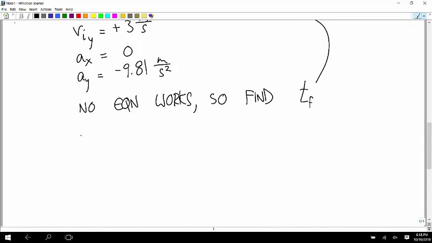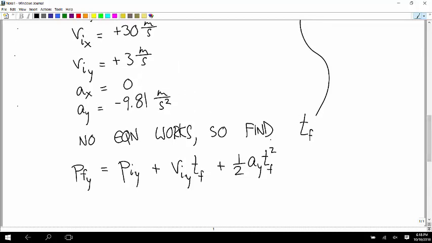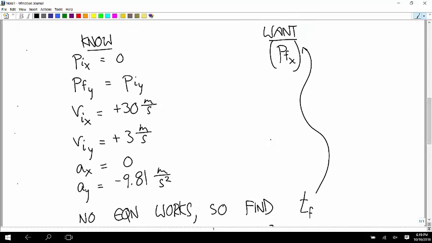The one that should work is p_f_y is equal to p_i_y plus v_i_y t_f plus 1/2 a_y t_f squared. And so to fill this in, I'm going to replace p_f_y with p_i_y. We know that that relationship holds.